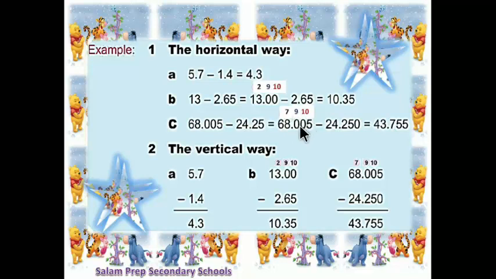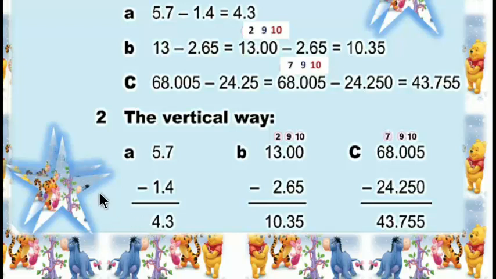Now this 0 will be 10. 10 minus 5 equal 5. 9 minus 2 equal 7. Please put decimal point. 7 minus 4 equals 3. 6 minus 2 equal 4. The answer is 43.755. Now we will subtract these examples in the vertical way.